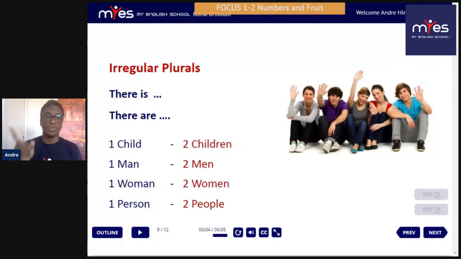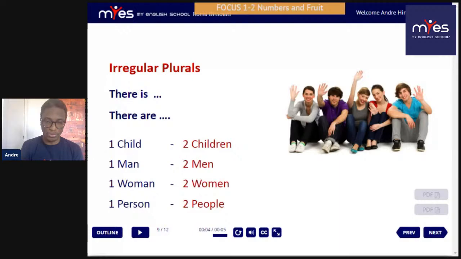And finally, there is one person, but there are two people. Or as Larissa says, many people, for a lot, for many, more than two. So remember, practice using these plural irregular nouns: children, men, women, and people. Good, excellent.